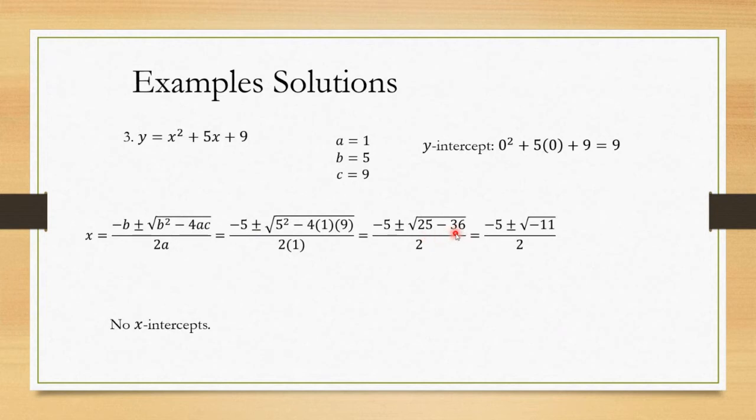But that's a negative. So we have the square root of negative 11 here. That's not a real number. It's a complex number, but it's not a real number. And so because of that, there are no x-intercepts. So what we have, we confirmed.